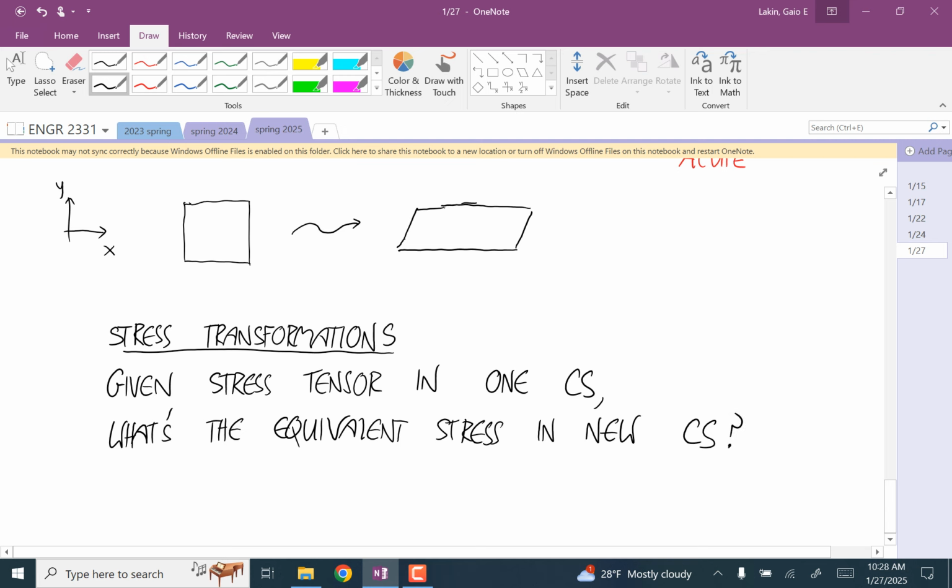So a stress transformation is just re-expressing a stress in a new coordinate system.